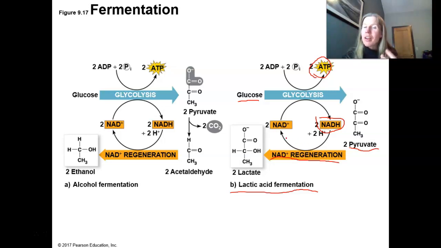Steal that electron. Well, look at this. Here's pyruvate, 3 carbons, bunch of oxygens. Here's lactate or lactic acid, 3 carbons, all those oxygens. Oh, and look at this. This didn't have an H, this does. So we are able to oxidize NADH to NAD, regenerating it, rebuilding it for glycolysis to use, as long as we can shuttle that hydrogen somewhere.